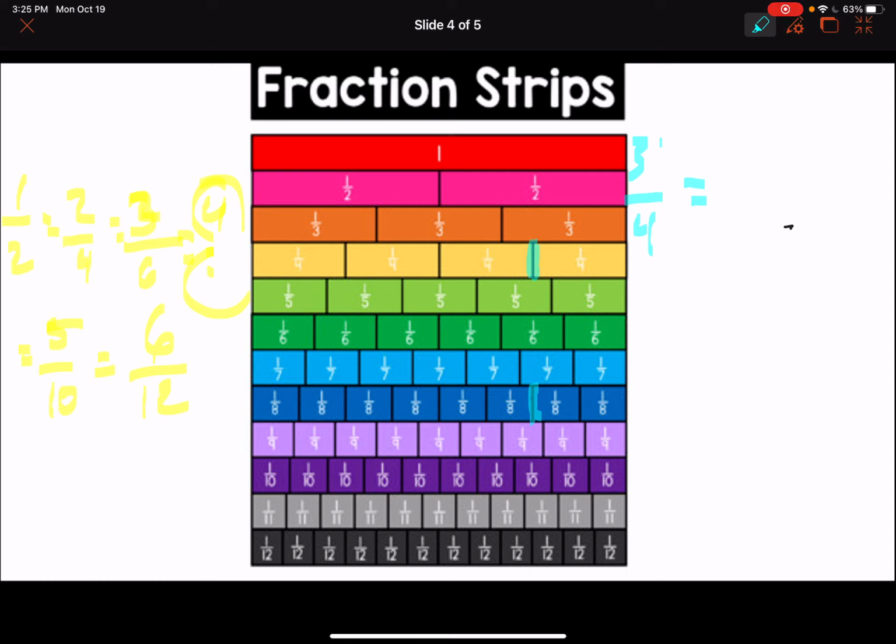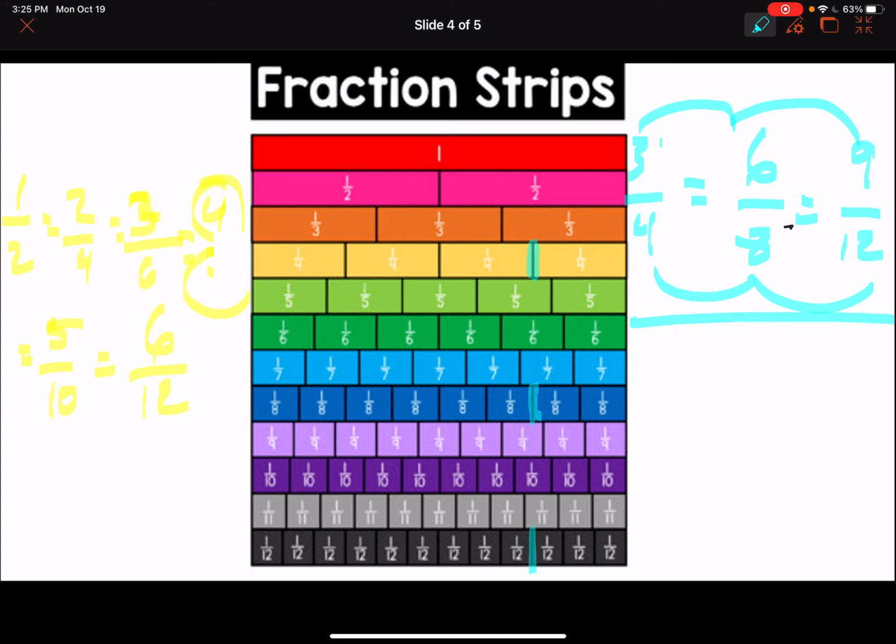I know 6/8 for sure, and then looking down here, 9/12. Notice that I'm jumping by 4s here, and I'm jumping by 3s here, skip counting. That's a good pattern to notice.